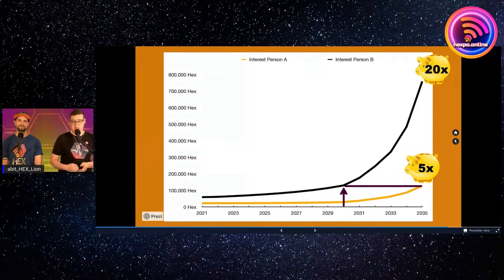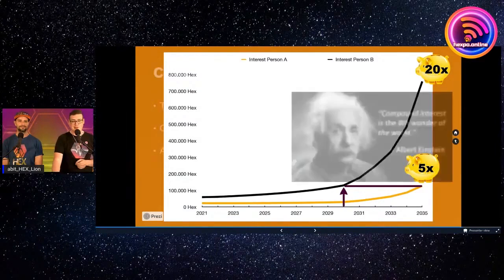And as you can see, right here at the 10-year mark, person B, the long-time staker, is only at about 5x. So in the last 5 years, he makes the majority of all the accrued interest. And only by chilling 5 more years in the pool, you can get a lot more.